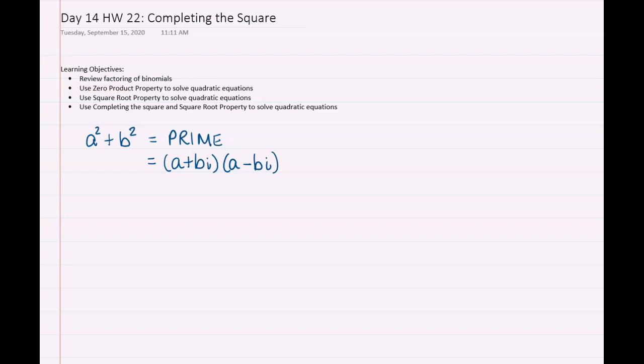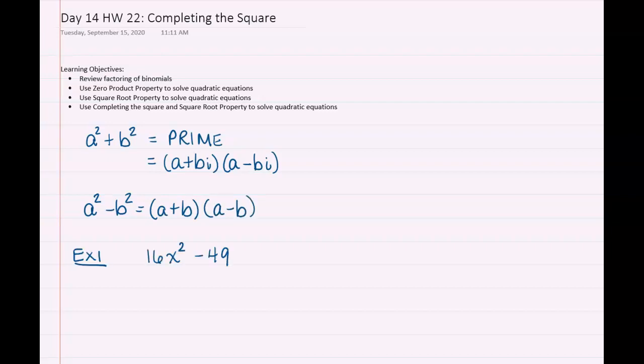These are the complex conjugates. And we'll talk a little bit more about that in a second. But we also know that we can factor a squared minus b squared into the form of a plus b times a minus b. Again, these are conjugates, just not complex.